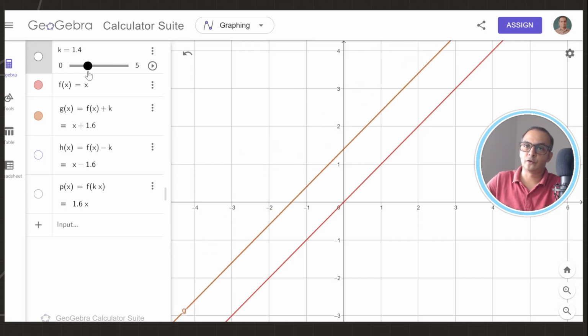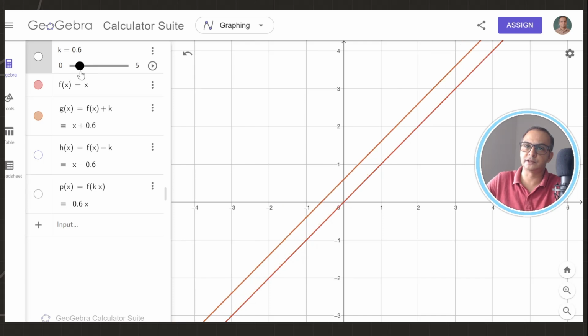Okay, now if we go for any value lesser than 1, it is also going lower, and at 0 no shift is happening, so it will behave as g(x) only. But same thing we can see if I'm taking k equal to negative, it means the graph should shift below the x-axis.